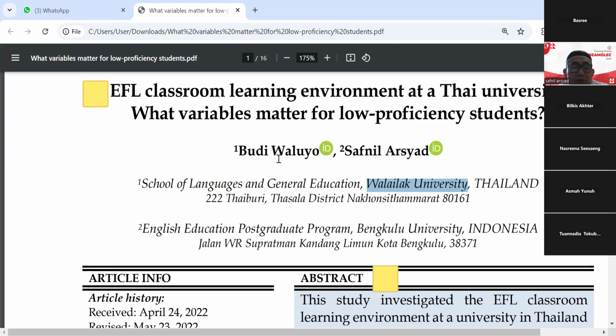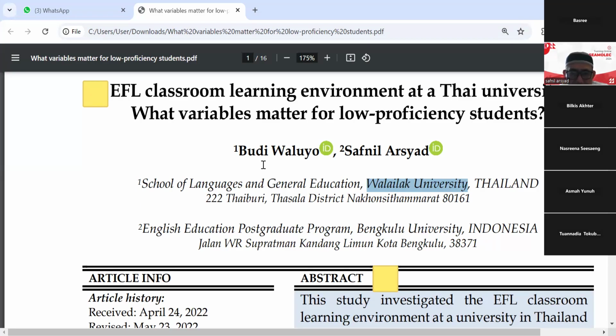Then he got a scholarship to study in England for his master's program, and another scholarship to study in the United States for his PhD. He is very, very productive.